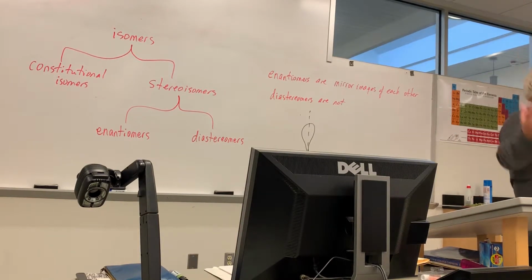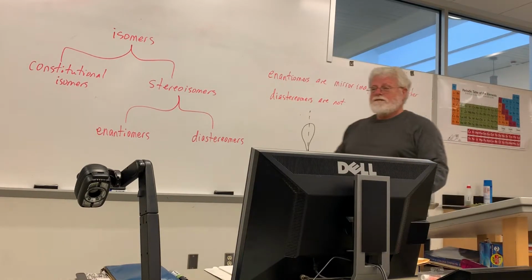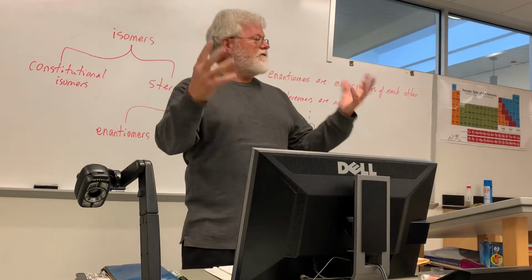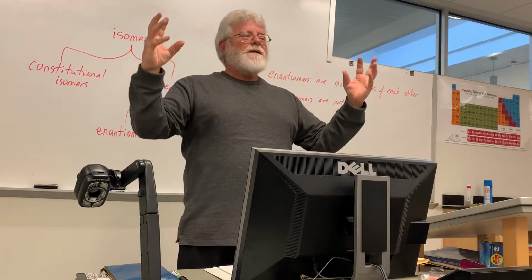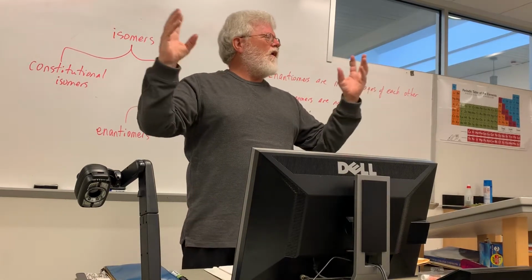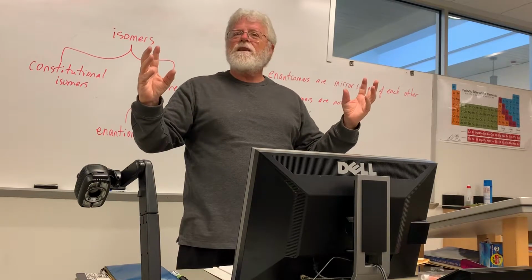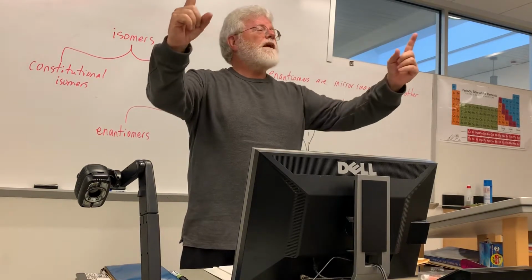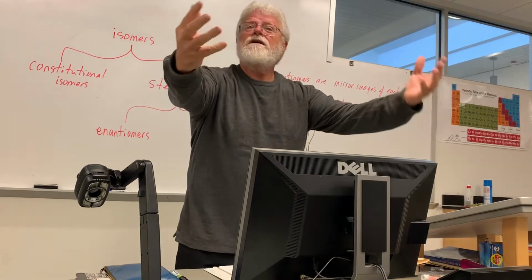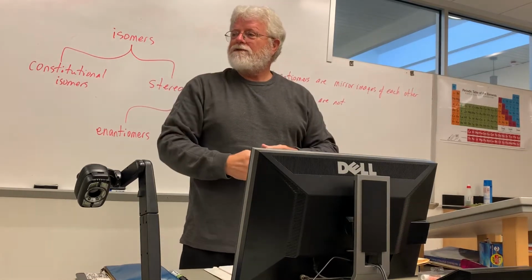They're going to be absolutely identical in everything except for their ability to interact with other enantiomers. That's the only time enantiomerism even matters. You have a pair of molecules that are mirror images of each other. They're going to be absolutely identical in all chemical properties except when interacting with other enantiomeric molecules.